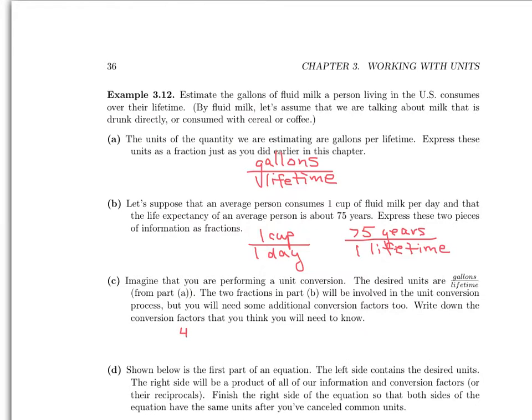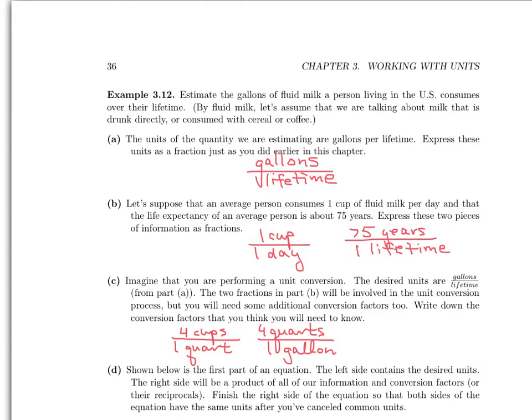There are 4 cups in 1 quart, and another conversion factor is that there are 4 quarts in 1 gallon. So these 2 conversion factors here should enable us to go from cups to gallons.